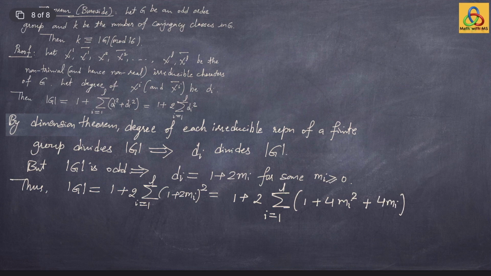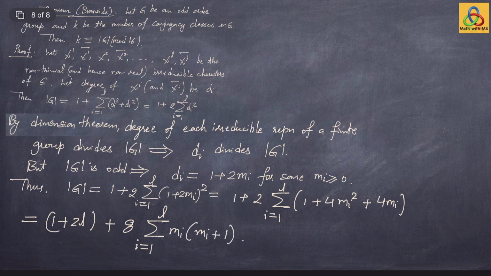This can further be written as 1 plus 2L, since summing 1 L times gives L, plus 8 times the summation i from 1 to L of m_i times (m_i plus 1).